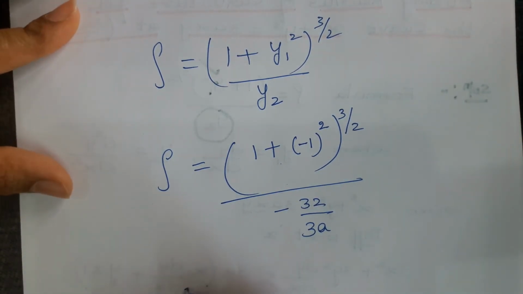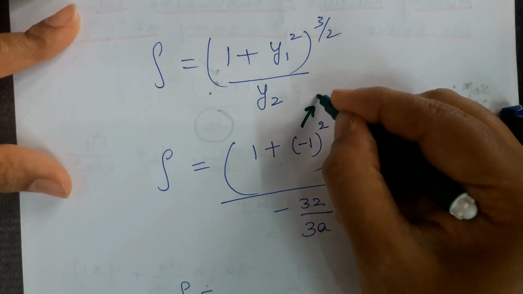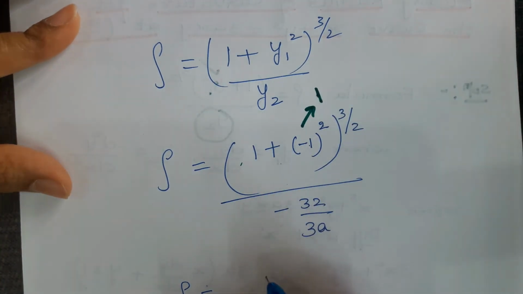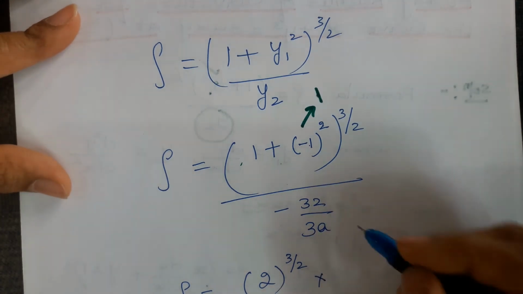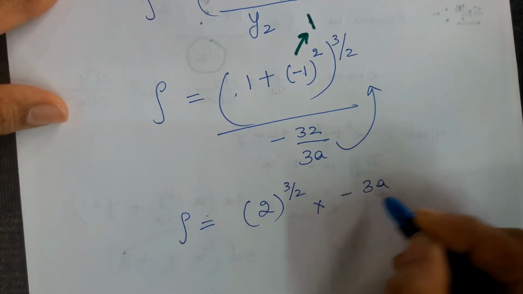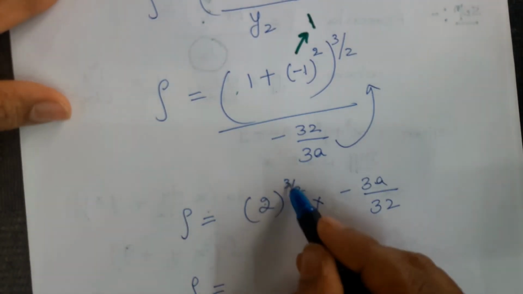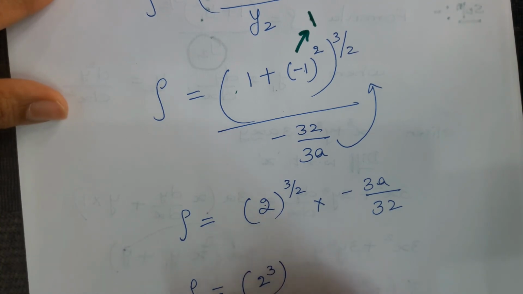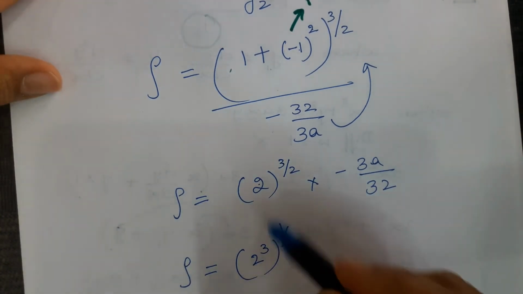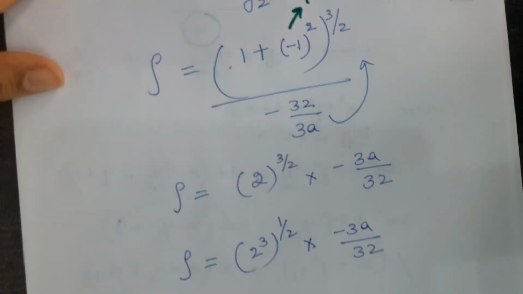Now simplify this. Rho is equal to, minus 1 whole square is plus 1, right? So 1 plus 1, 2 it is, 2 to the power of 3 by 2, into, I will bring this to the numerator, it will be minus 3a divided by 32. So what is this? 2 cube to the power of half, minus 3a divided by 32.